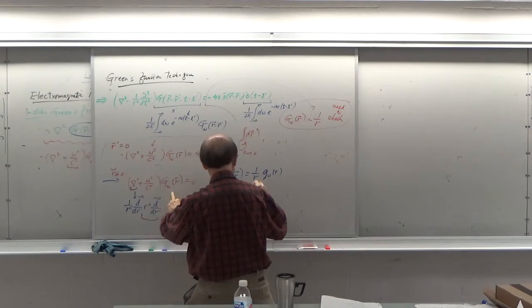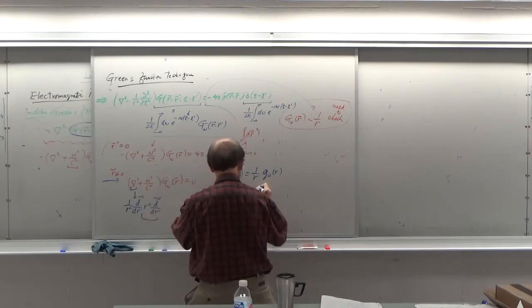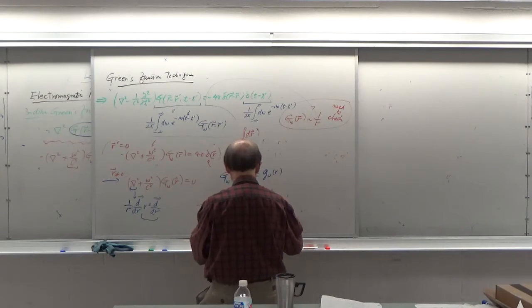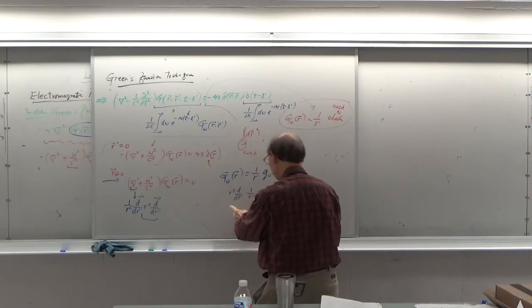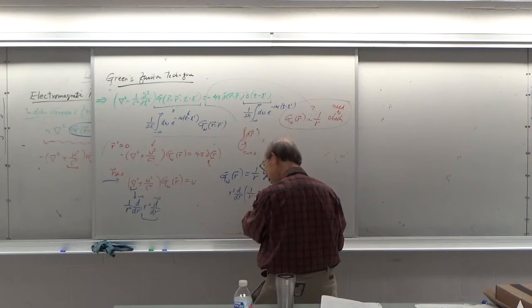Now I have R squared d by dr acting on 1 over R times small g sub omega of R. What is that? This is an operator acting on everything to its right, so that means acting on this 1 over R as well as this.